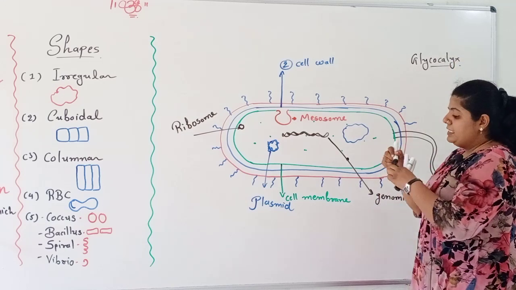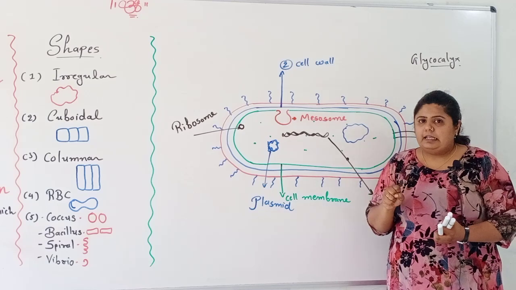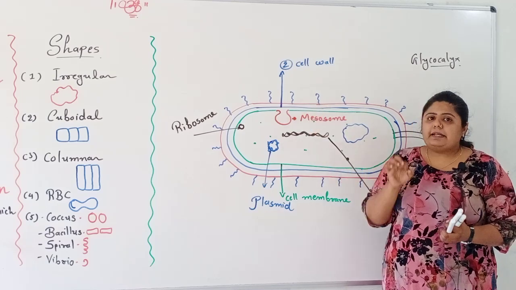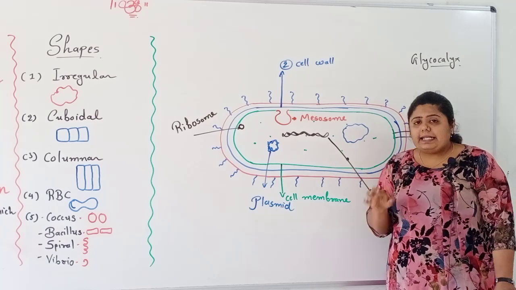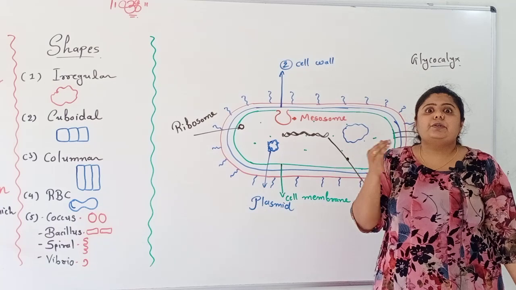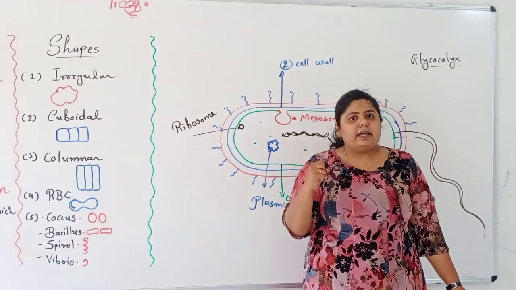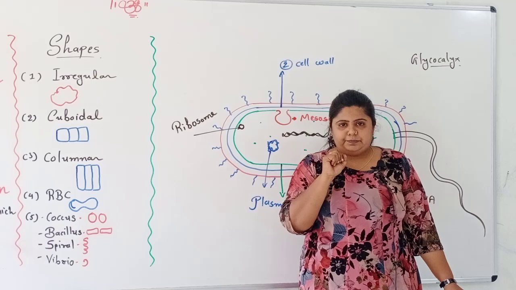What is the function of this capsule? Capsule is a tough and thick material. That's why it protects bacteria against antibiotics and pathogens. So bacteria that contain this capsule are very harmful to humans and animals. Why? Because they are pathogenic due to their capsule.